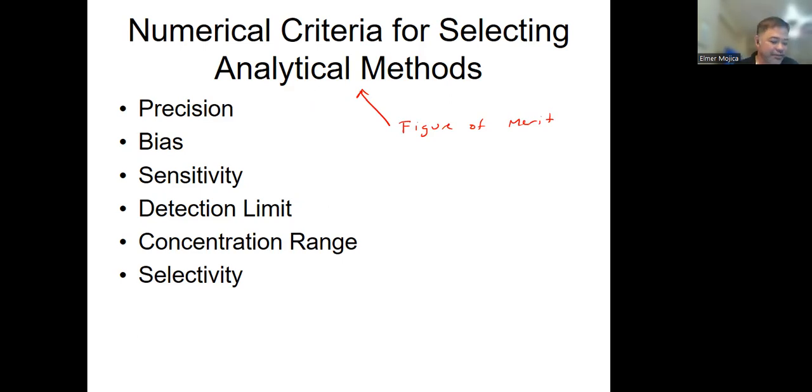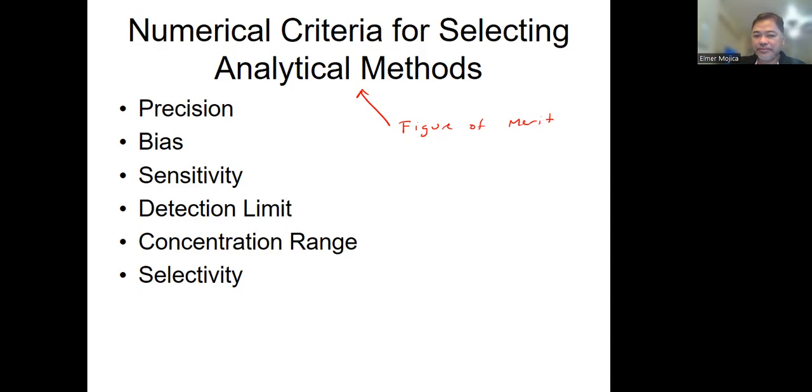So whenever we look at the so-called figure of merits, okay, basically, we're just looking at the characteristics of a given method. So these are the numerical criteria for selecting the analytical method. Okay. So the characteristics that we want to know in a given analytical method, they are usually expressed in what? Numerical number.